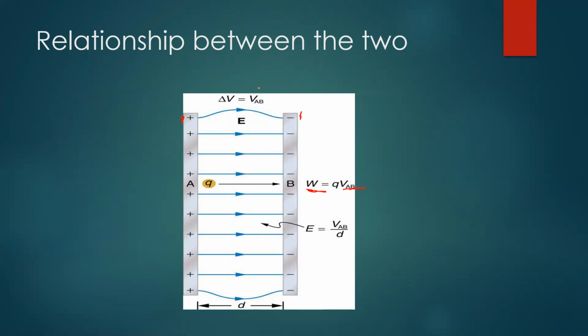And the electric field strength relies on the potential difference and the distance. To sum it up, we're going to go over an example, so you can see how electric field strength and electric potential relate.